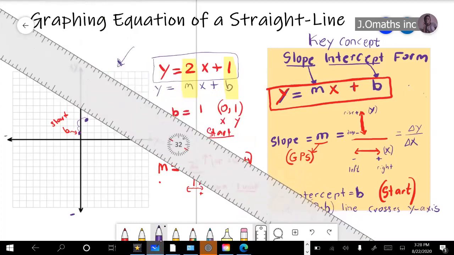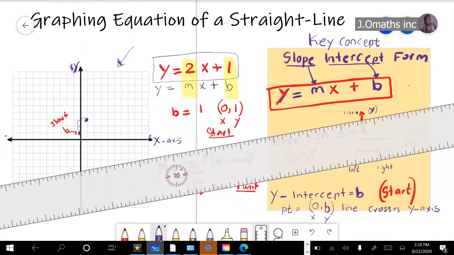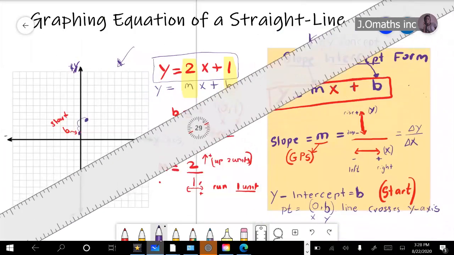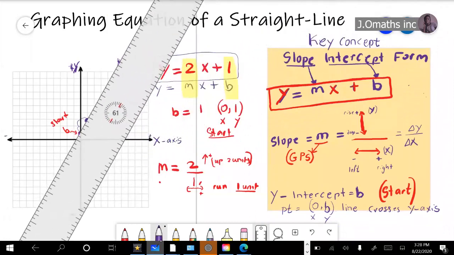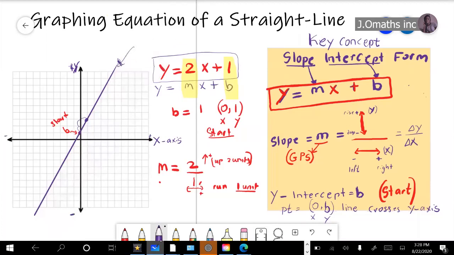So this line becomes this line, and this is the line. Okay, that's it. This line is y equals 2x plus 1.